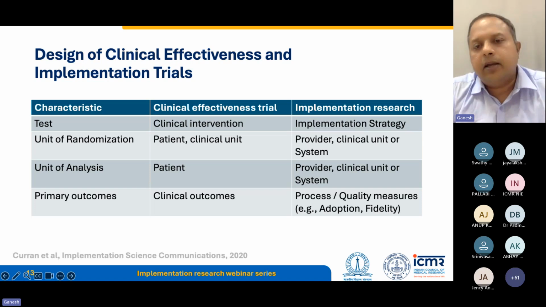I'll give an example in terms of a clinical unit. Say a strategy is pasting the treatment protocol of hypertension on the walls of the primary health center where doctors are sitting. This is a strategy.